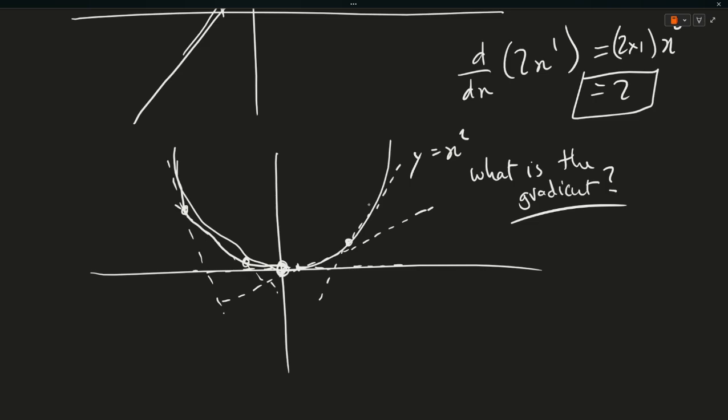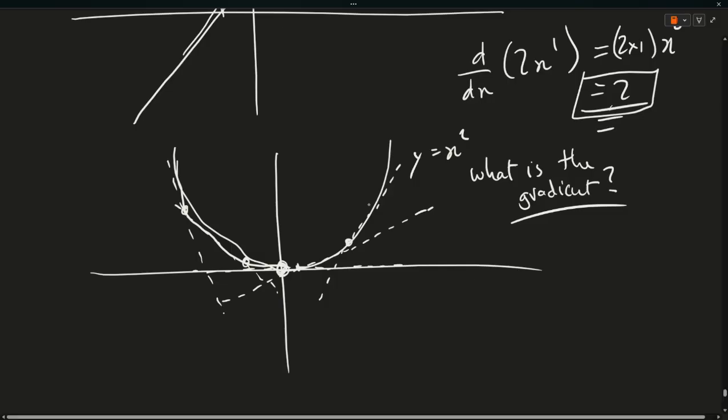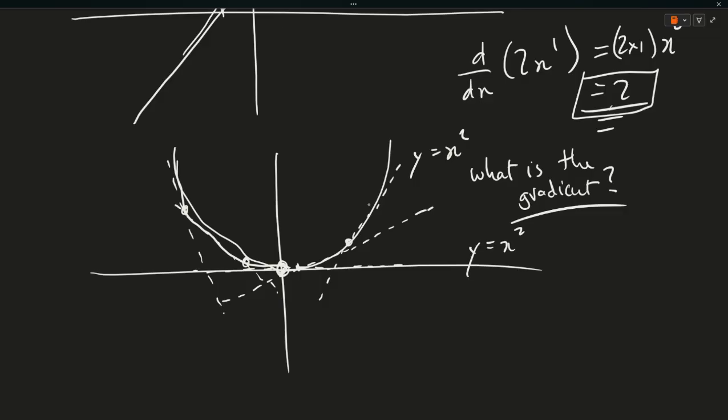So instead of finding a specific gradient like we did with the linear graph, we instead say that there is some function, just like there's y equals x squared, that when we plug in the corresponding x coordinate, we will always get the exact gradient at that point.